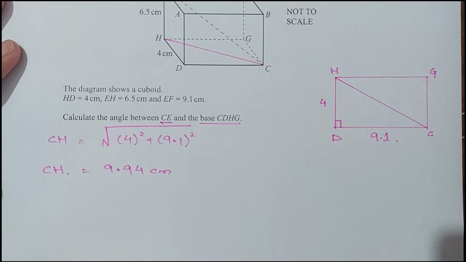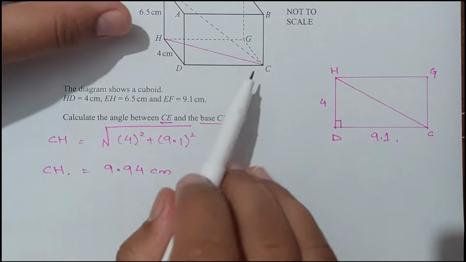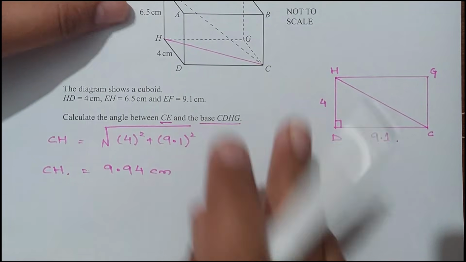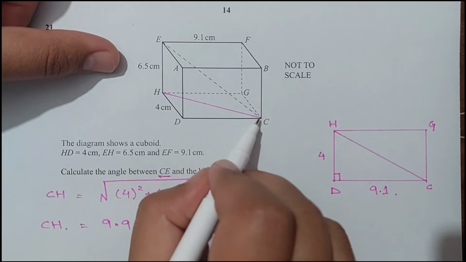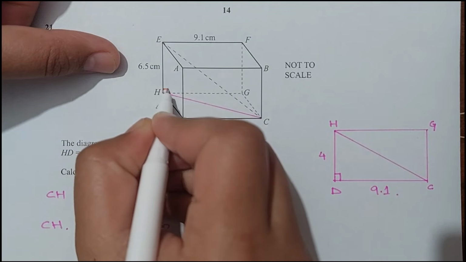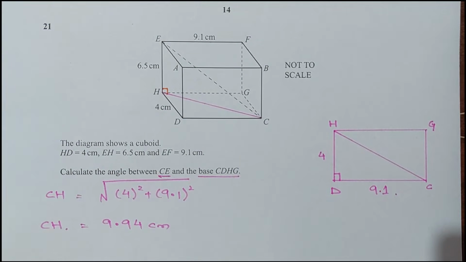Now we are done with CH. Let me show you EC; this makes again a right angle triangle. Let me draw this.